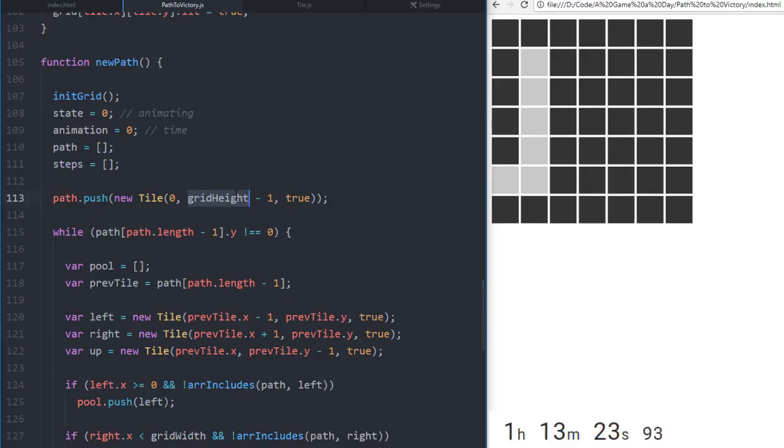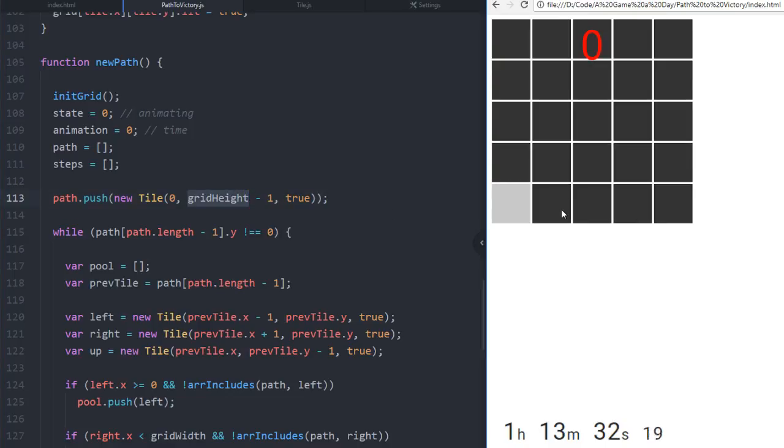We have this grid height. Does this need to be, because what grid height should just be, okay, let's try this. There. Okay. Ah, I didn't mean to do that.